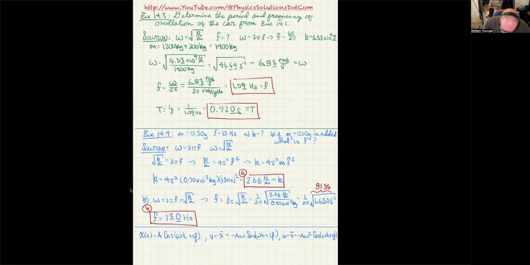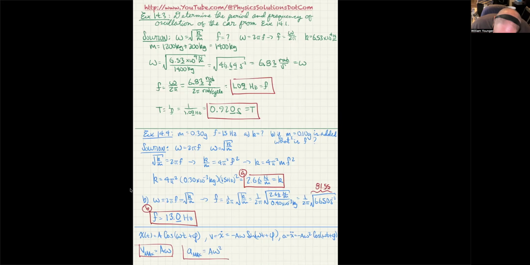So because of that, we can see that v max is equal to A omega, at least its magnitude is. That's something else we now learn, and it can come in handy. We also see that a max, the maximum acceleration, has a magnitude of A omega squared.